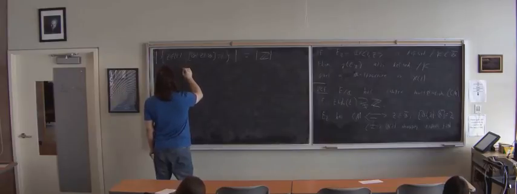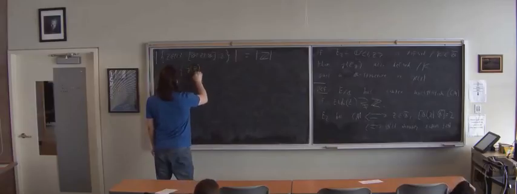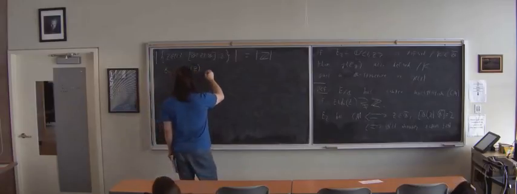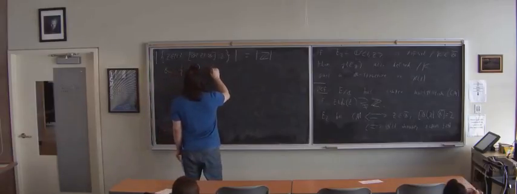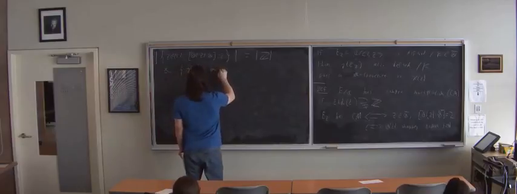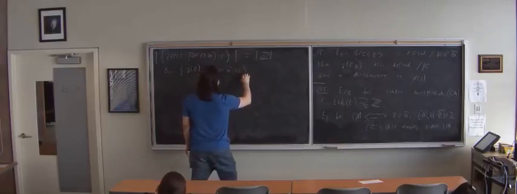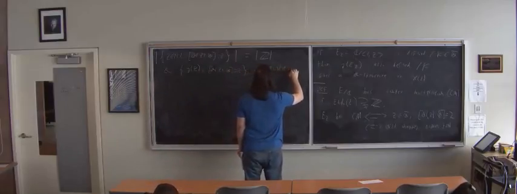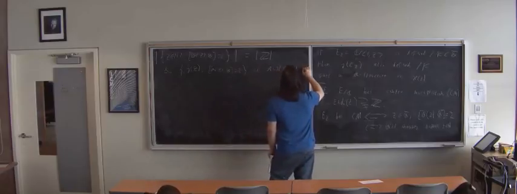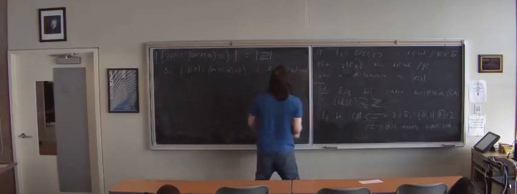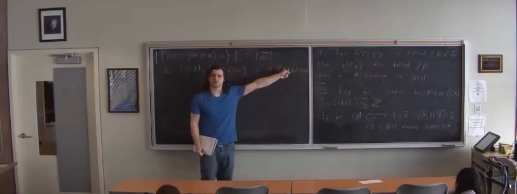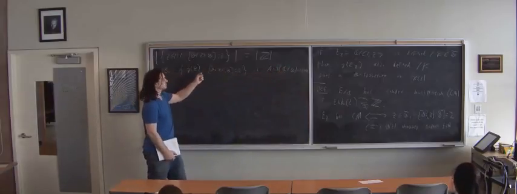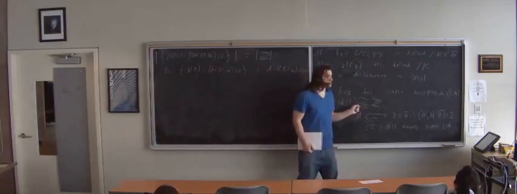So the set J(z) is stable under the automorphisms of C over Q, because this property is algebraically defined.